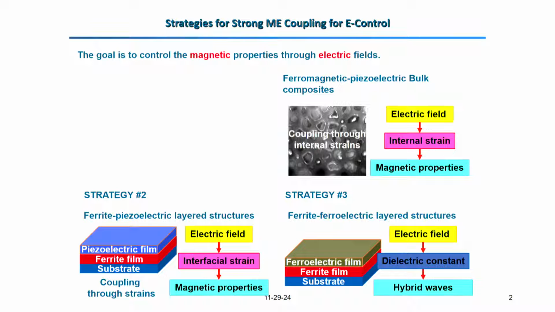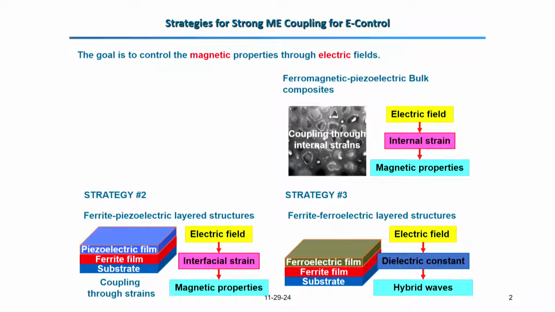There is another option where we have a layered structure of a ferroelectric and a ferrite, and you can excite 2 types of resonances. One is ferromagnetic resonance in the ferrite and dielectric resonance in the ferroelectric. When they combine together in the frequency spectrum, you have what are called hybrid waves that can be tuned with either an electric field or a magnetic field.